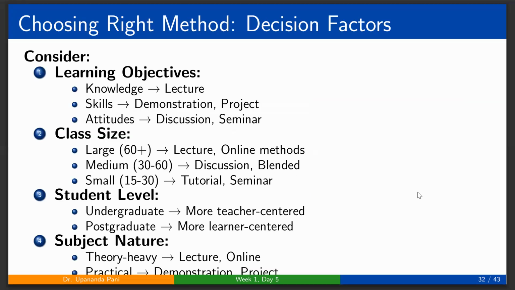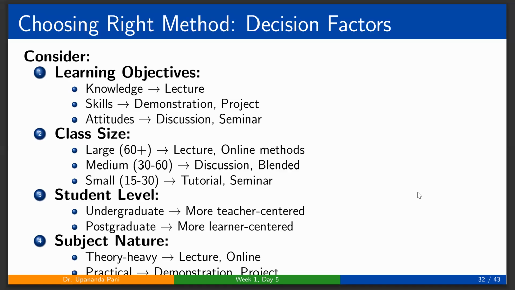Now, how can we choose the right method? What are the decision factors to choose the right method? First, you have to consider the learning objectives. If your objective is knowledge, then you go for the lecture method. If your objective is skill, then you go for the demonstration method or project method.